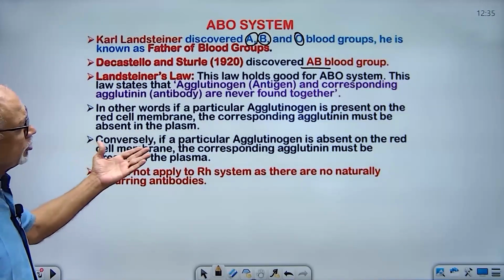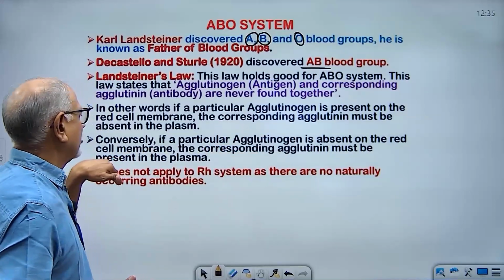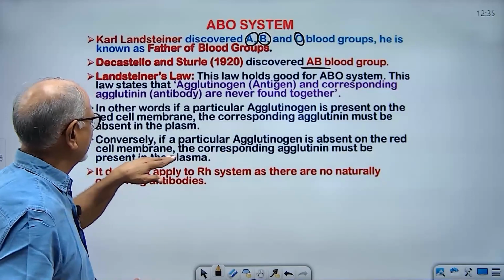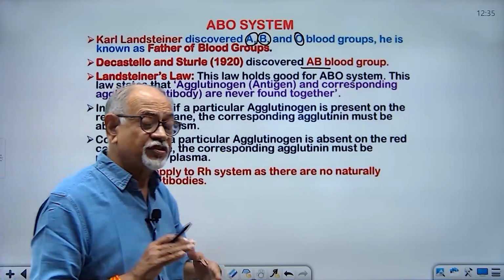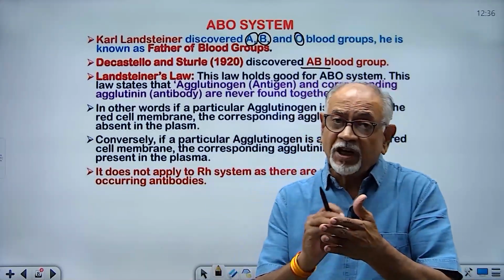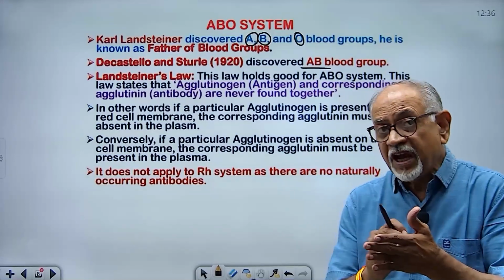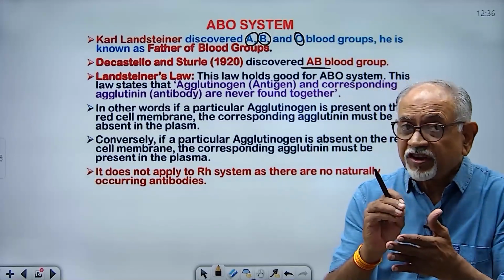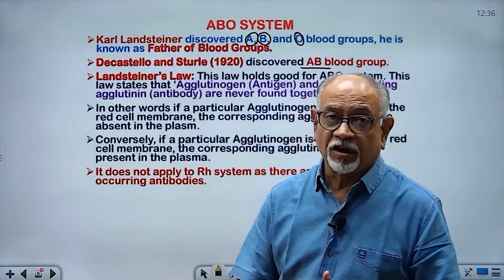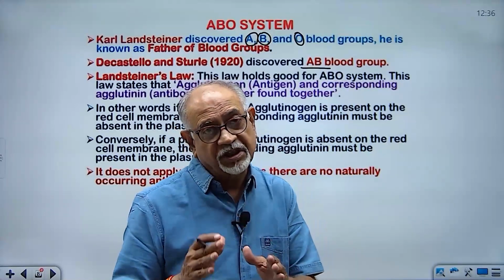Conversely, if a particular agglutinogen is absent on the red blood cell membrane, the corresponding agglutinin must be present in the plasma. The gist is that since a particular antigen, when it reacts with its corresponding antibody, agglutination occurs, these two cannot be found together.